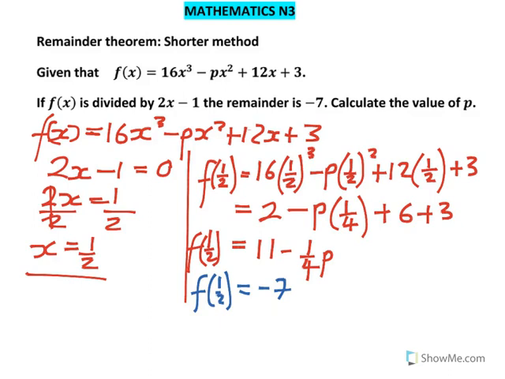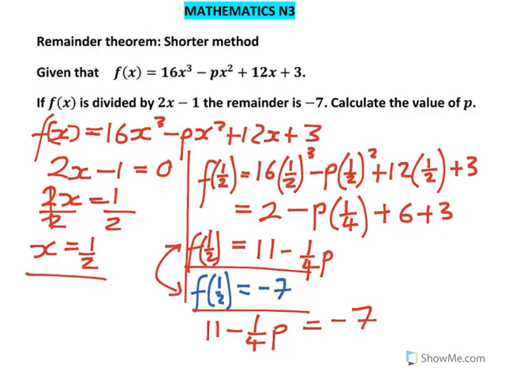What does it mean? It means you must form up an equation, because this is f of half and that is f of half. Therefore, it means 11 minus 1 over 4p is equal to minus 7. You equate the two because the two are equal.